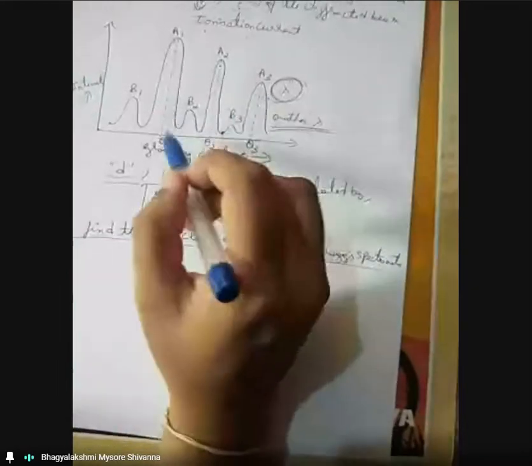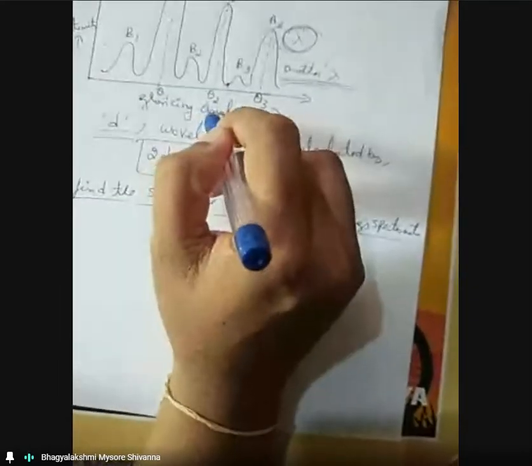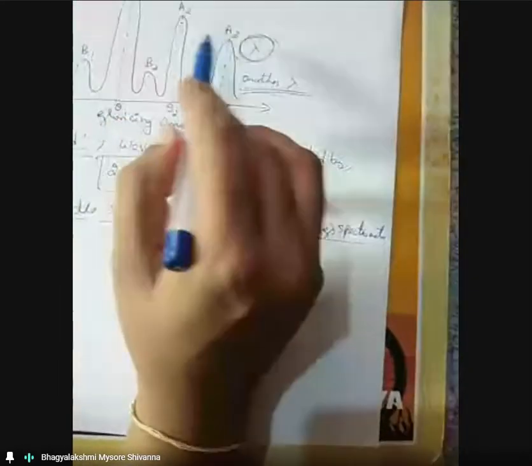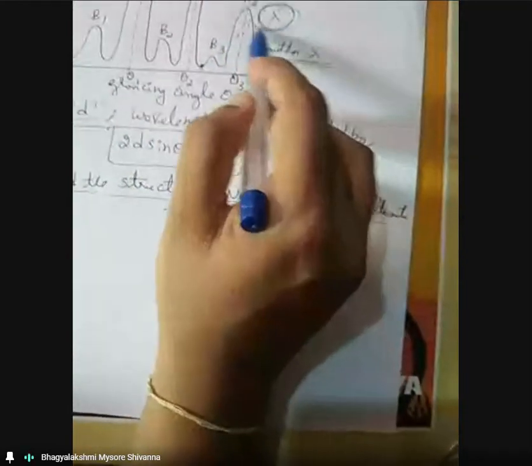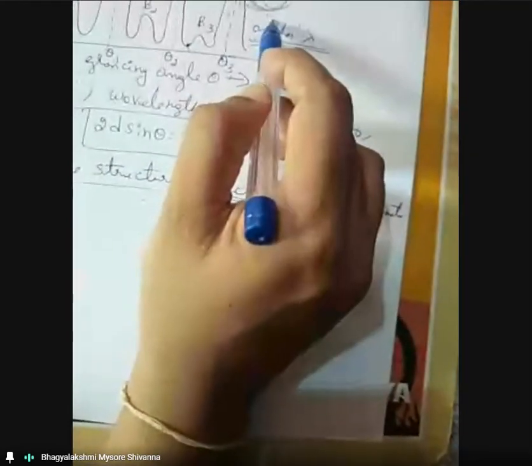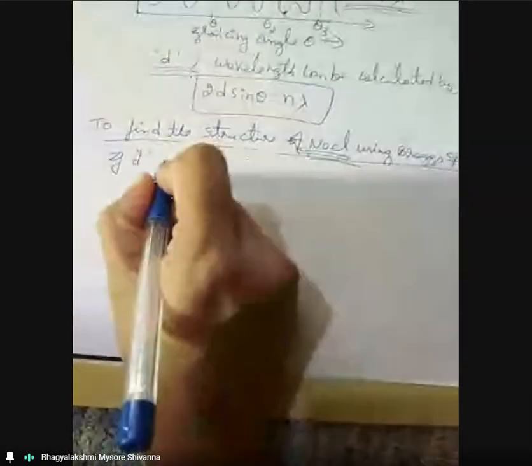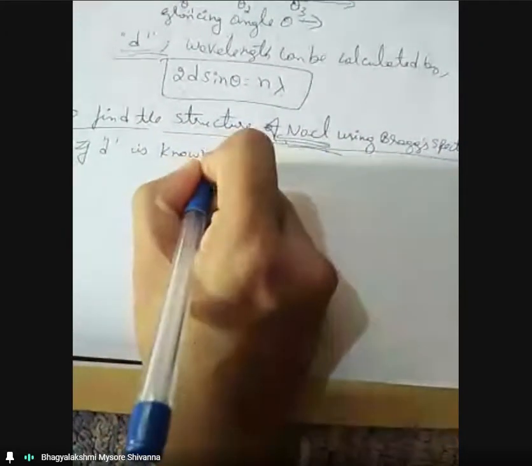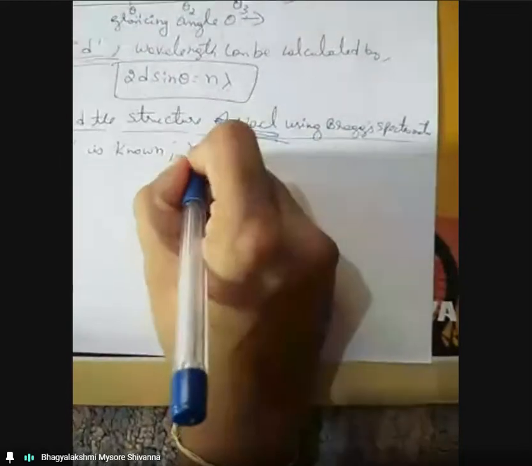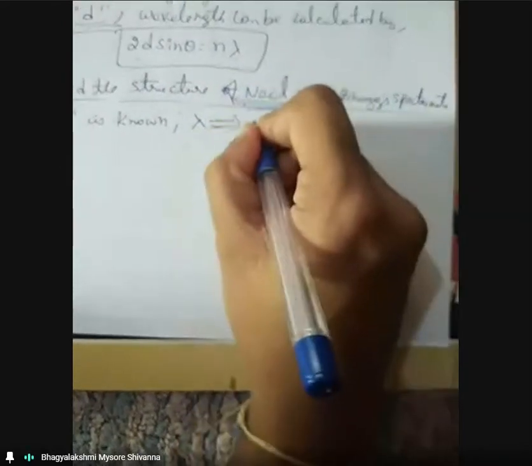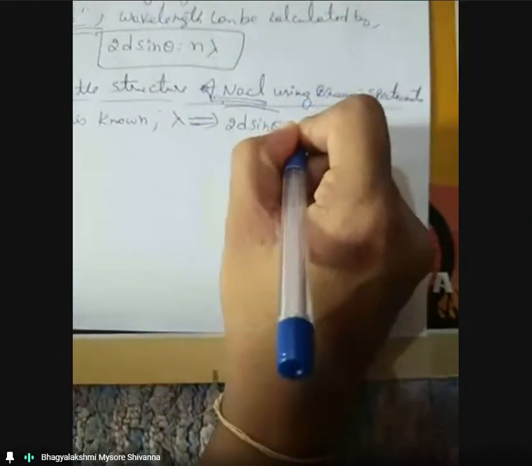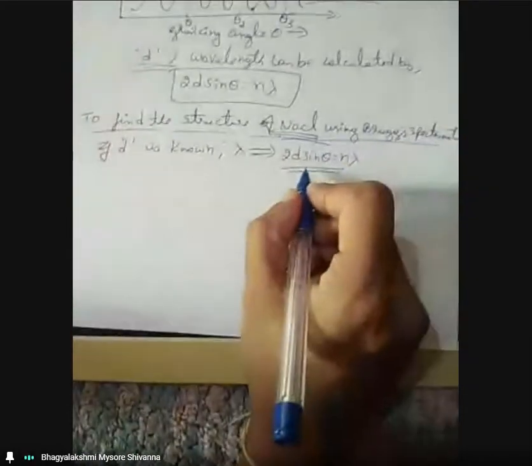We know that the peaks A1, A2, A3 correspond to the glancing angles theta 1, theta 2, theta 3 for the first, second, third order, with the same wavelength lambda. If d is known, then lambda can be calculated by using the equation 2d sin theta equals n lambda, Bragg's law.